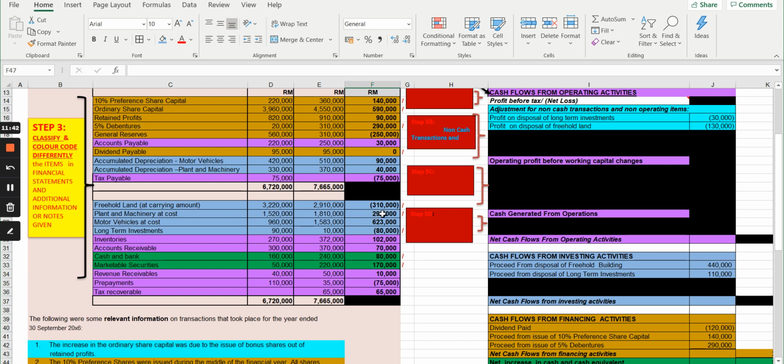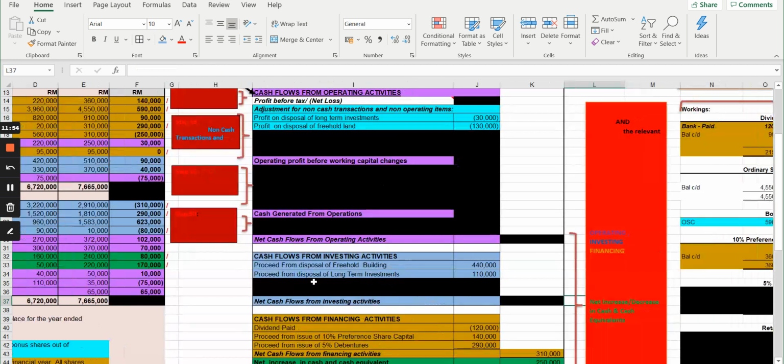So there is a change of 290,000. So this is due to purchase of more PPE during the year. So this figure 290,000, you can copy and paste to your cash flow from investing activities here. Yeah, 290,000, it will be an outflow.